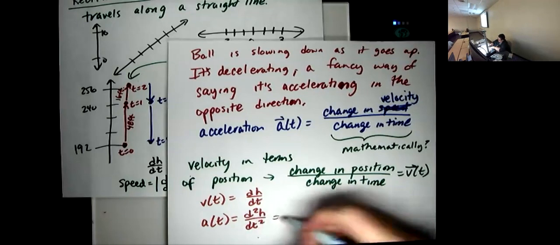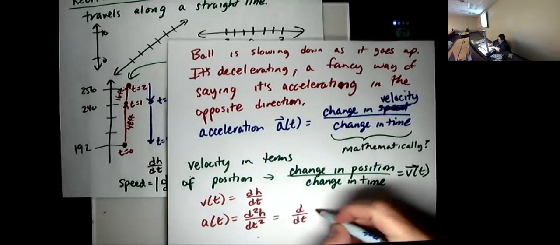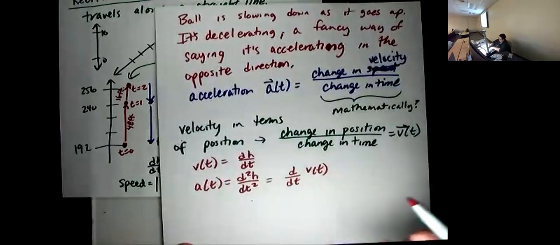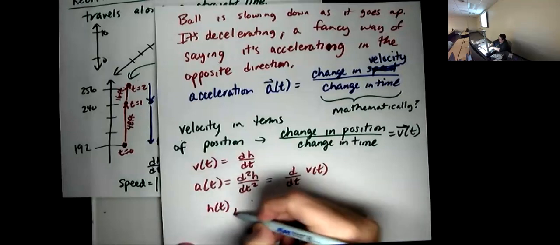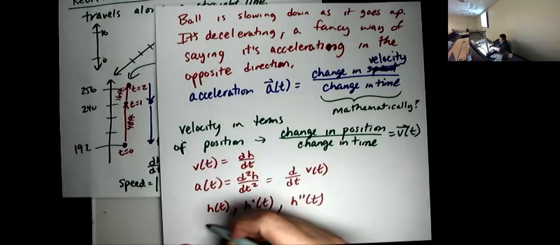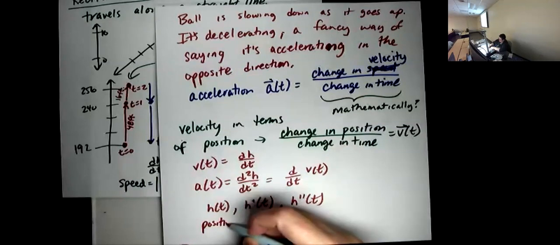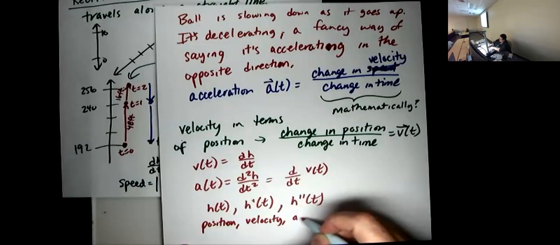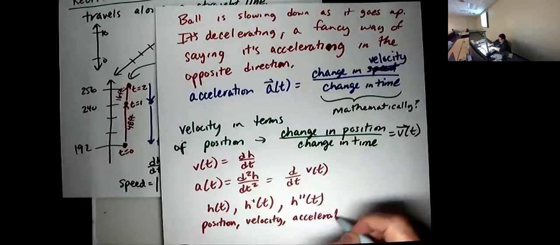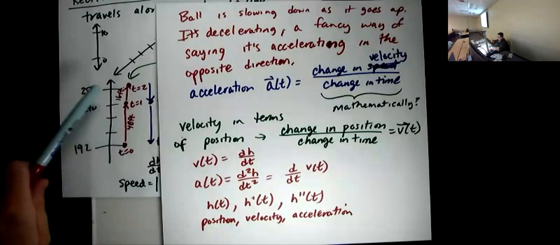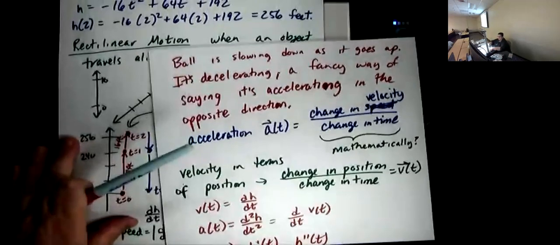Or d dt of V of t. So we got h of t, h prime of t, and h double prime of t. Position, velocity, acceleration. What is dh dt for our original problem up here?